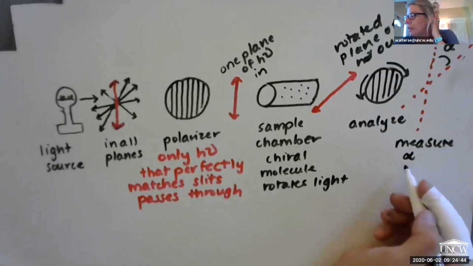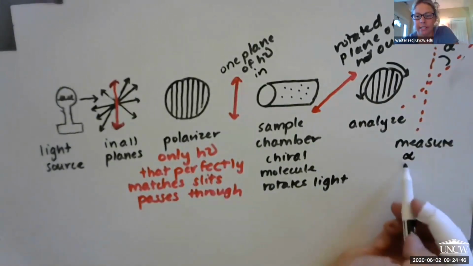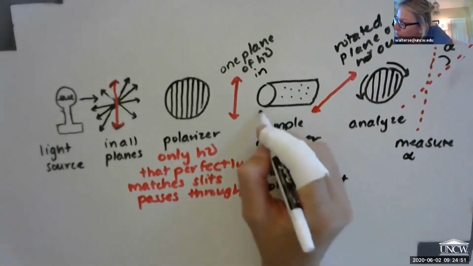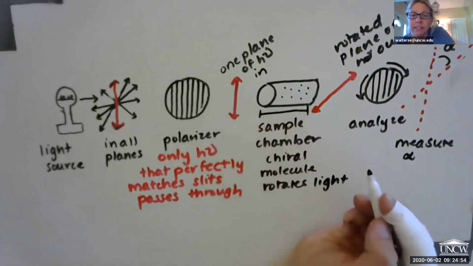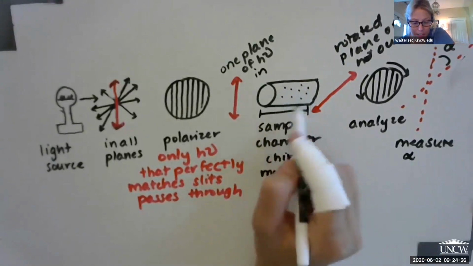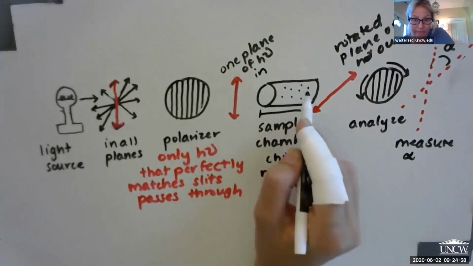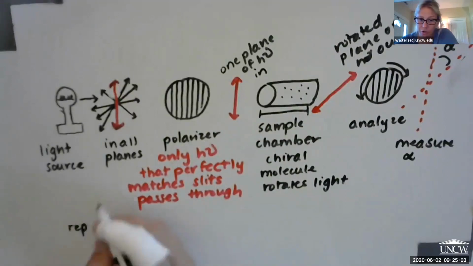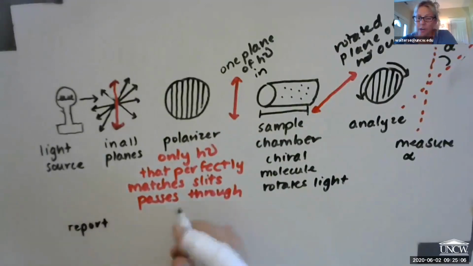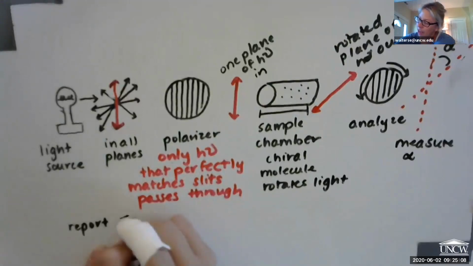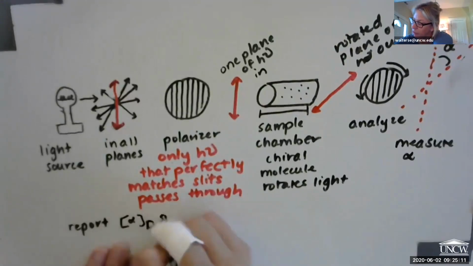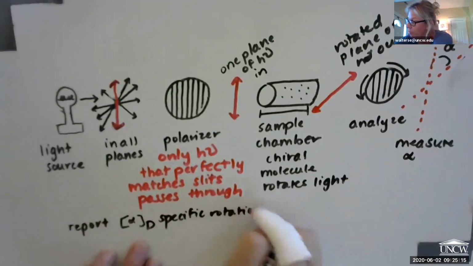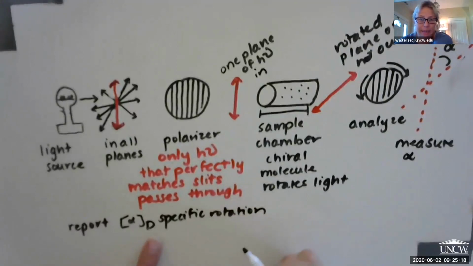Now, alpha, what you measure in your experiment, is dependent on several things. It's dependent on how long this chamber is, as well as how many molecules are in there. So what we report is a normalized degree of rotation, and it's called alpha D. That's called specific rotation. Specific rotation is what you would look up in a manual.